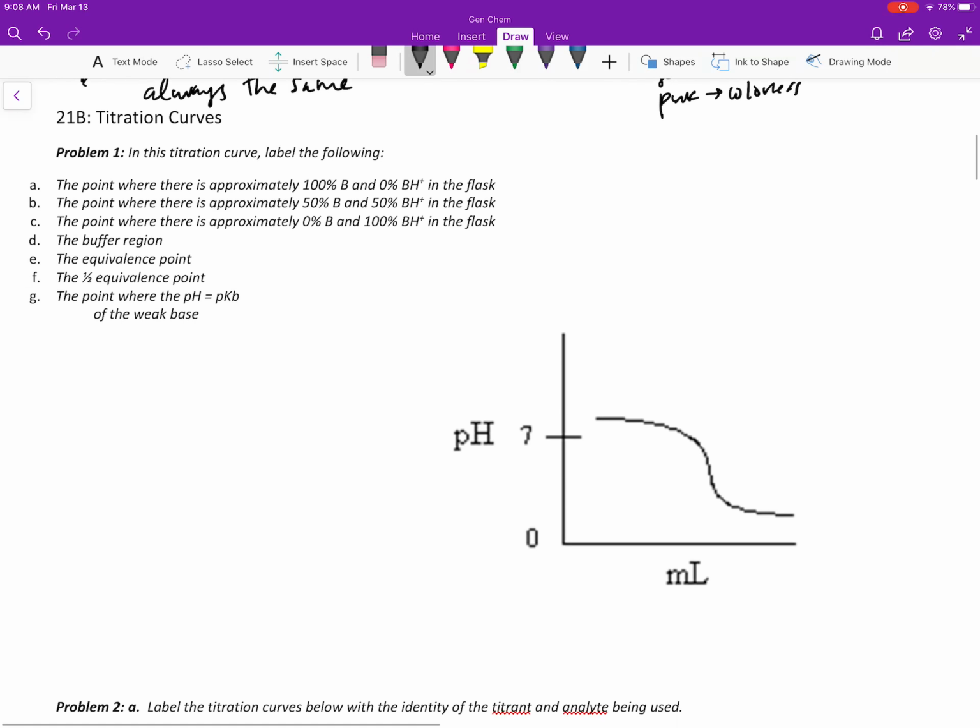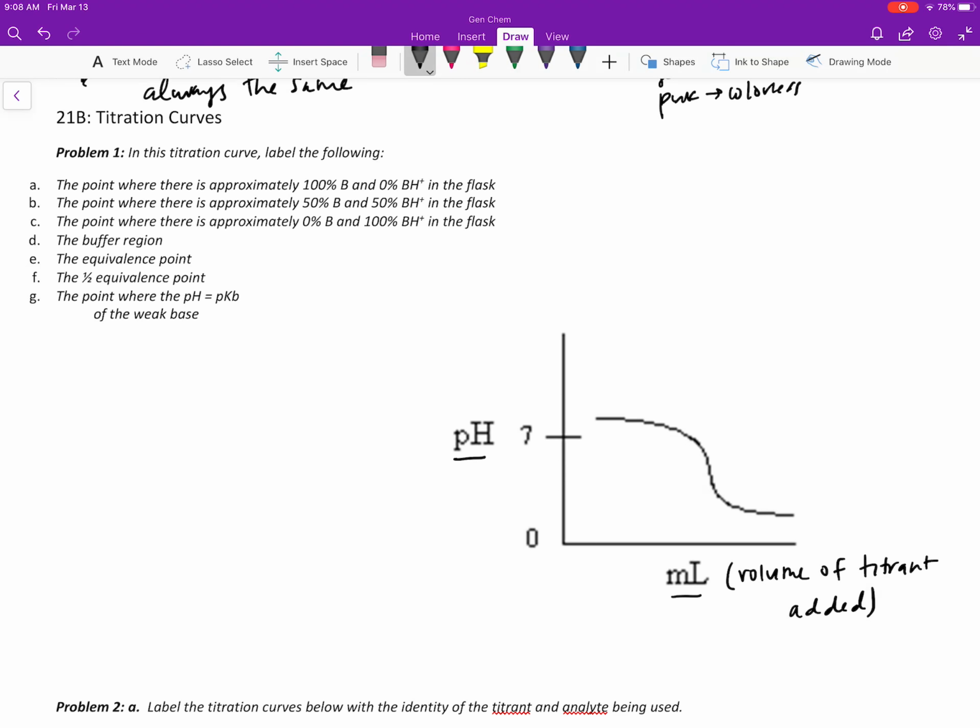So now we're going to have a curve. This is the first problem, and we're going to go through and label each point. So in the titration curve, we should have pH, and then we're going to have volume, and this is usually volume of titrant added.